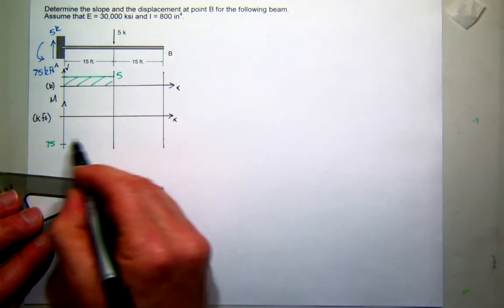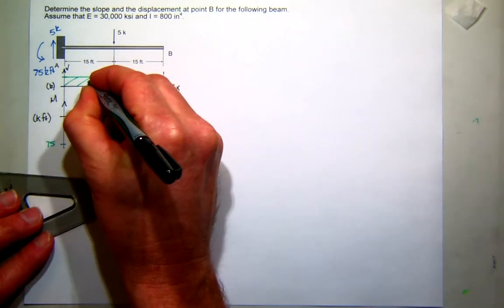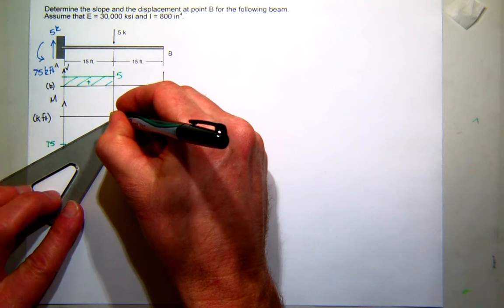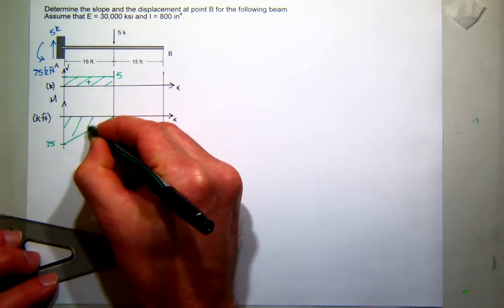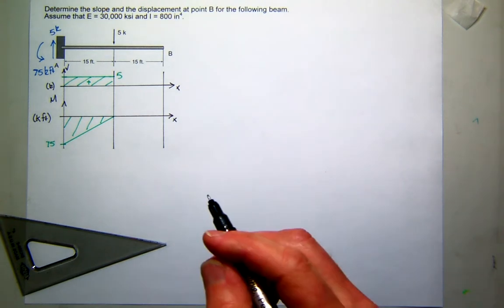And the change in moment between these 2 points is the area of the shear diagram, which is positive 75. Brings us to 0, and it has a constant positive slope. So there's my moment diagram. Not too bad. So what's next?